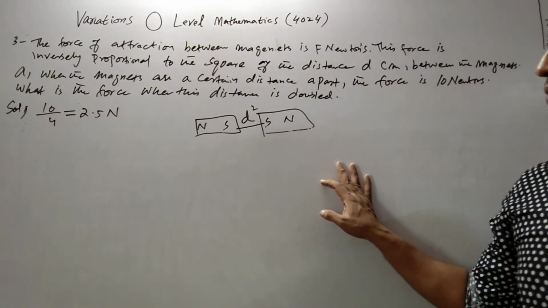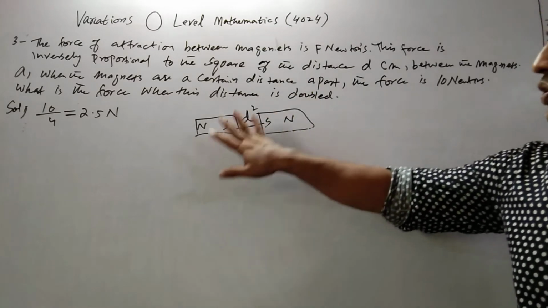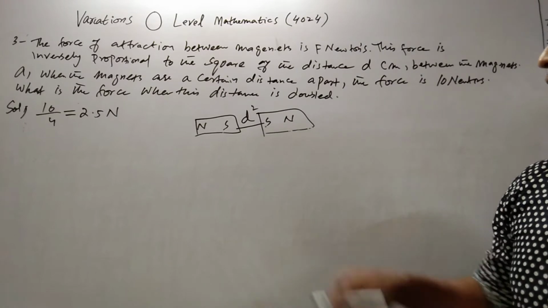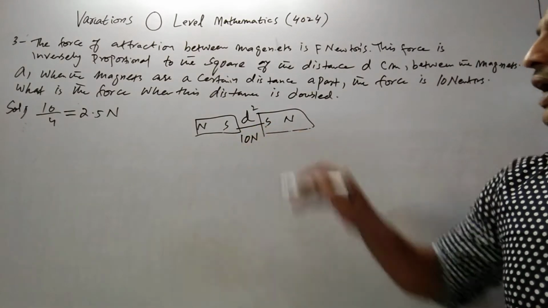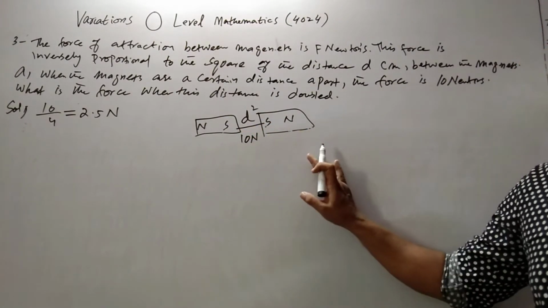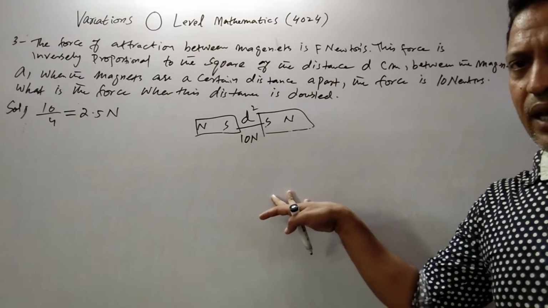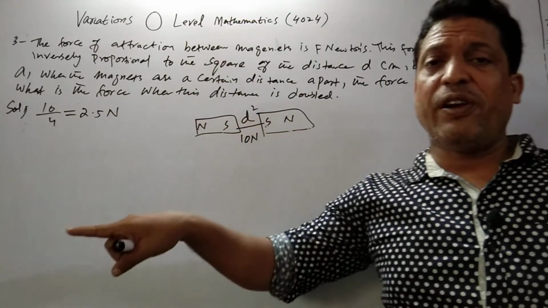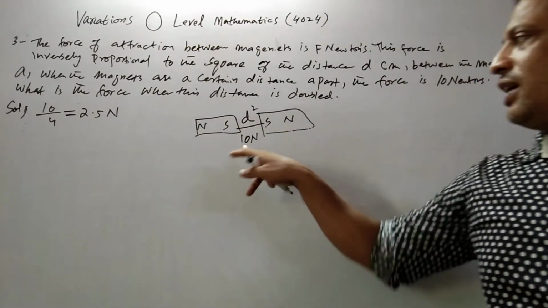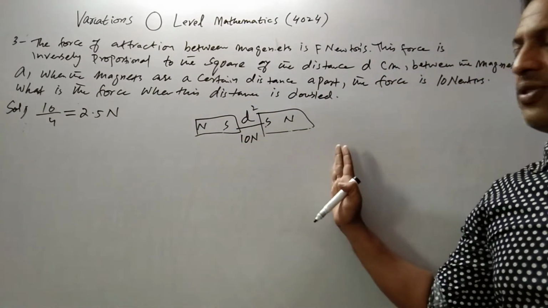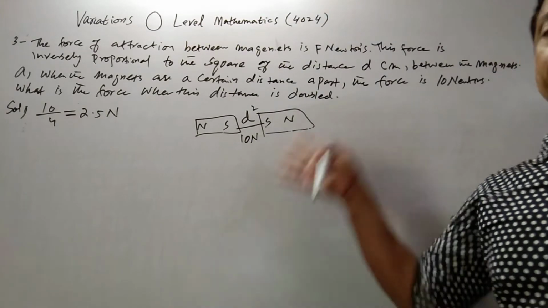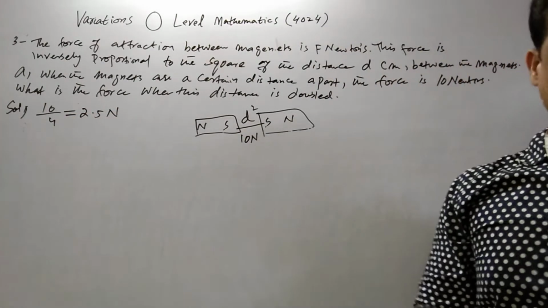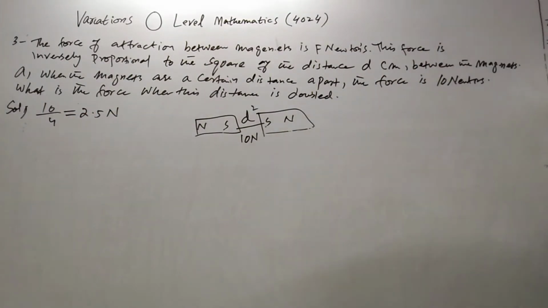According to the question, when two magnets are d distance apart, the force of attraction is 10 newtons. If we double the distance, there is an inverse relation between force and distance, so the force should decrease 4 times. 4 times means 10 upon 4, which is 2.5 newtons. So this is the answer of part A.